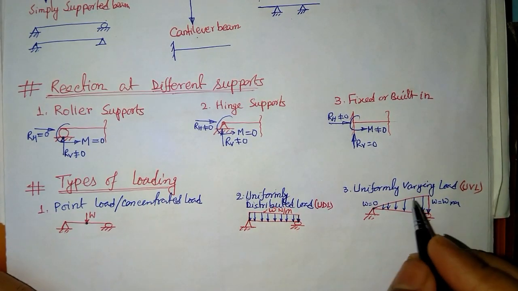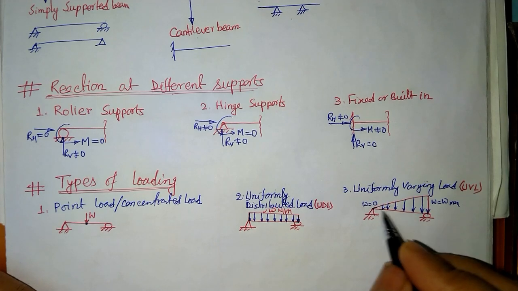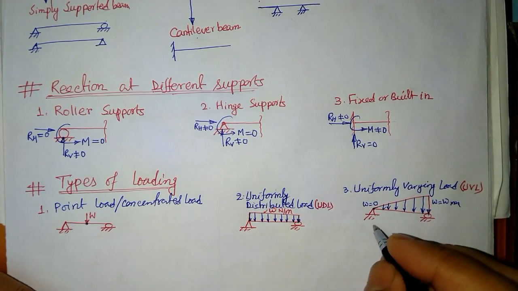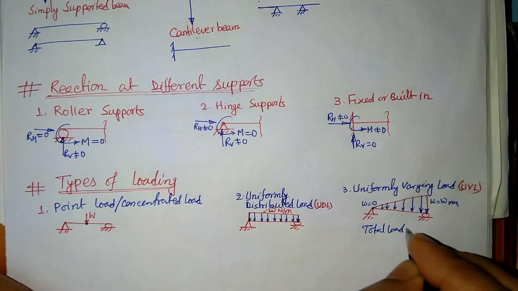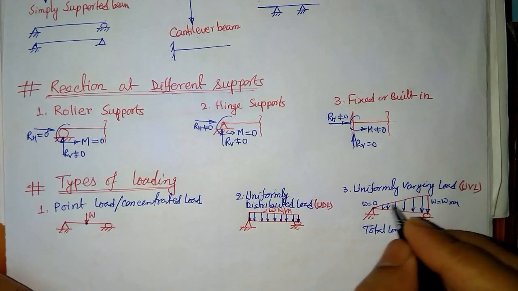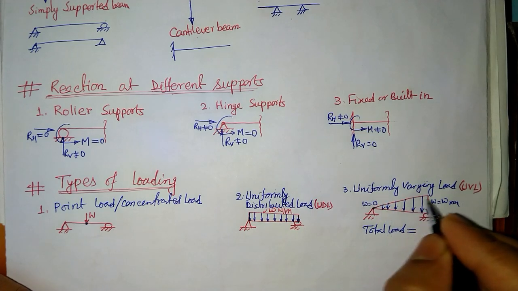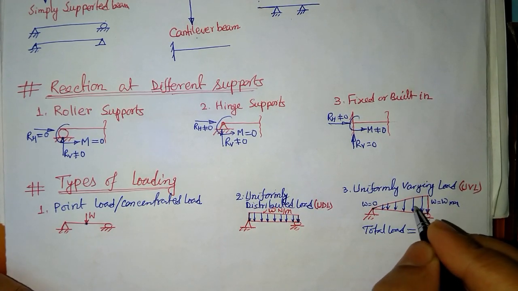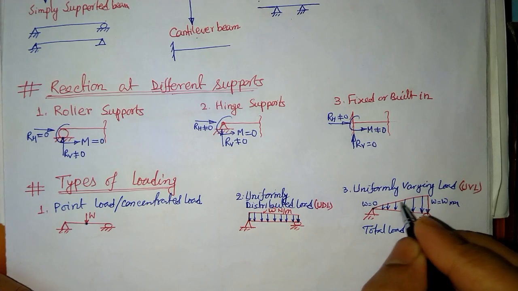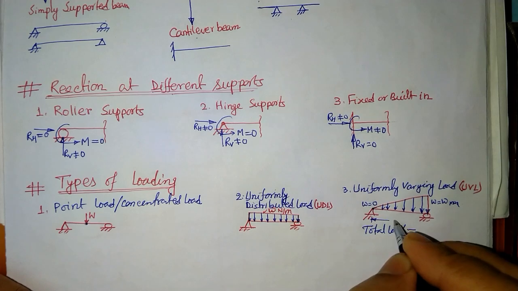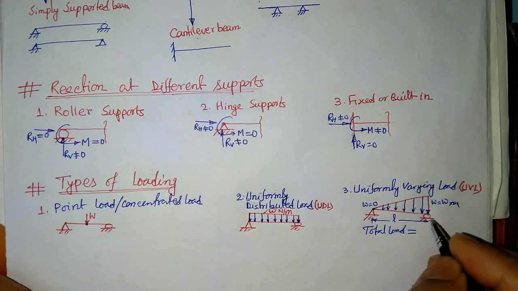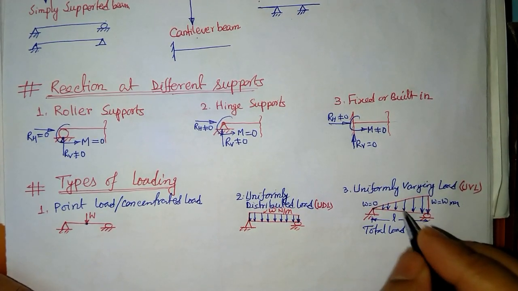And if we want to find the magnitude of this load, how can we find it? The total load will represent the area of this. If you see, this is a kind of right angle triangle, and the area of this right angle triangle will be the magnitude of the total load. Suppose the length of this beam is L. What is the area of a triangle?